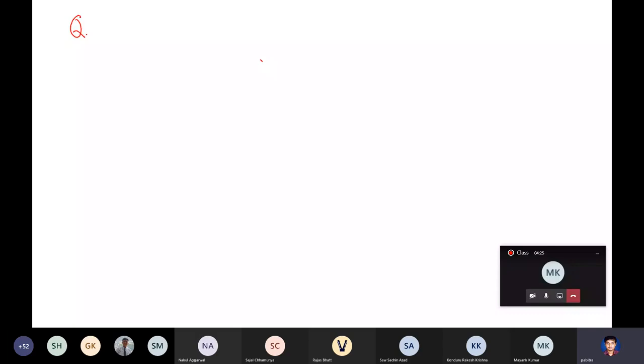So let me quickly tell you about the Quine-McCluskey steps. As you know, there are two steps. Step one is to identify the prime implicants.